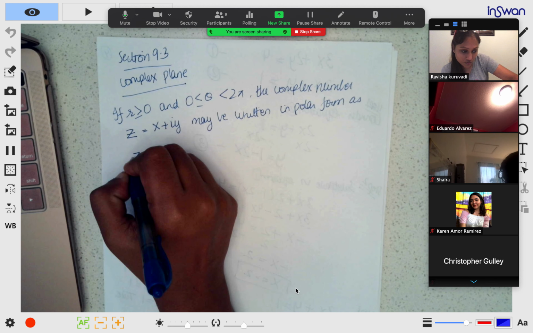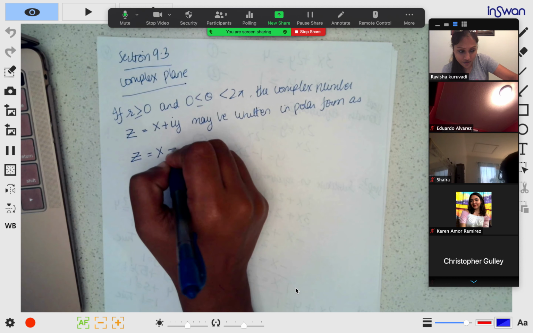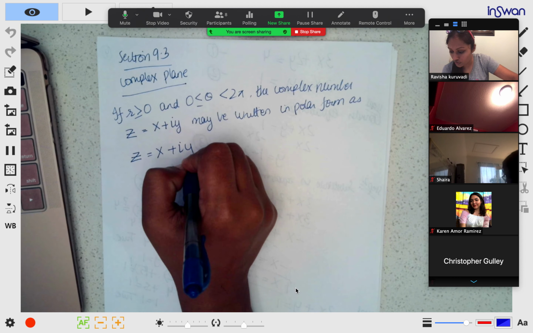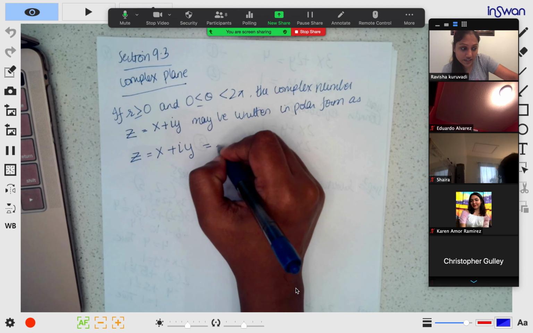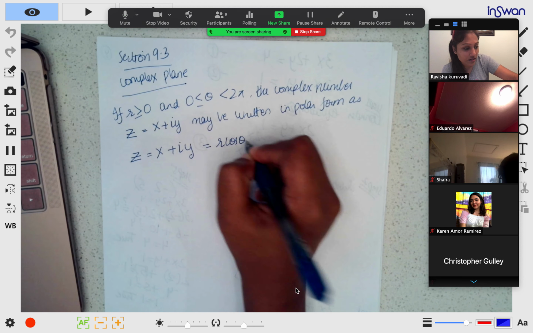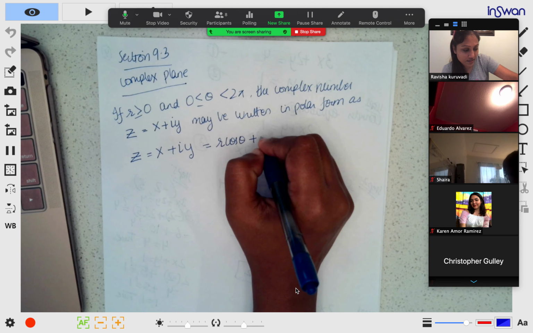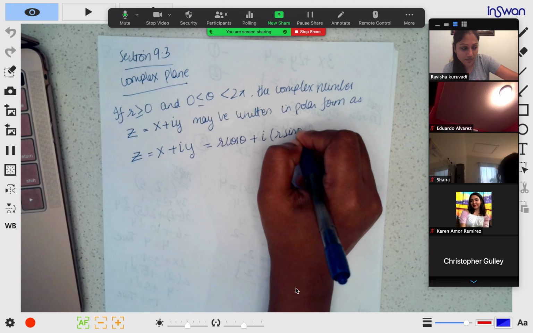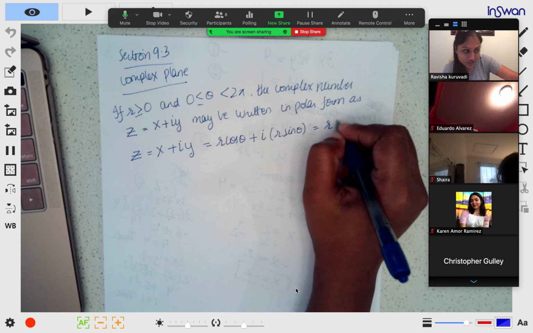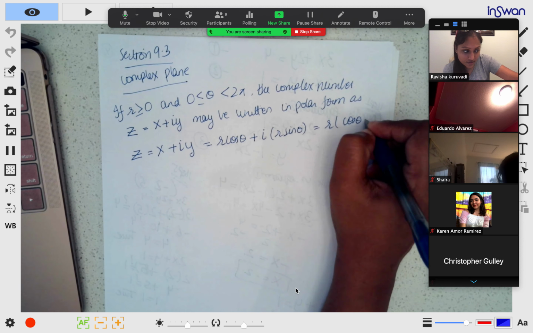z is equal to x plus iy, x is basically r cosine theta, which we did before, and we know y is r sine theta. So if I take out common, it becomes r, cosine theta plus iota sine theta.